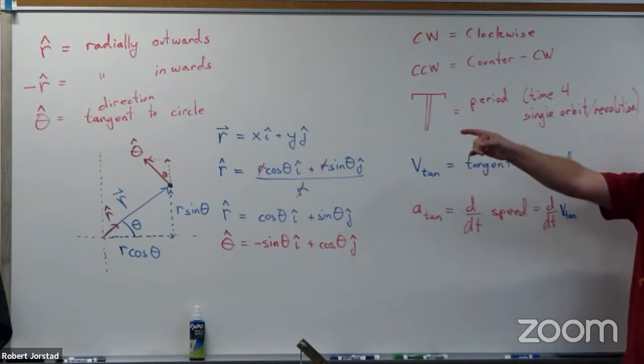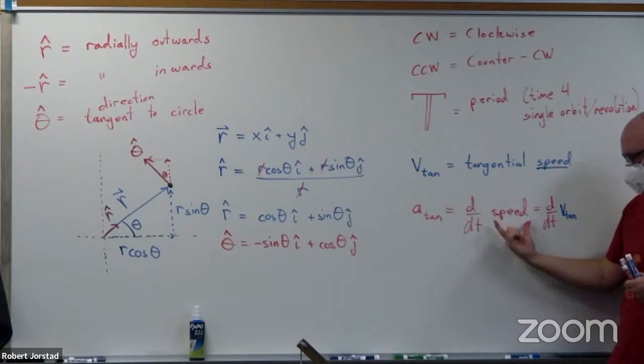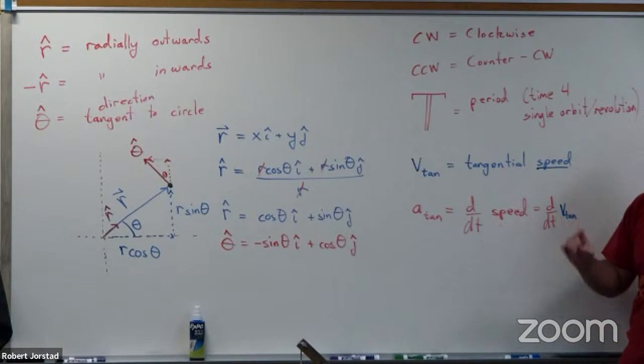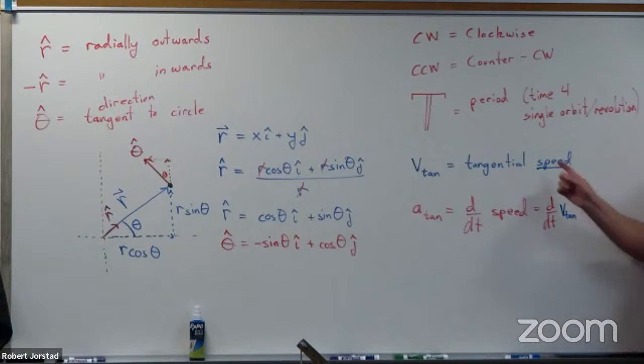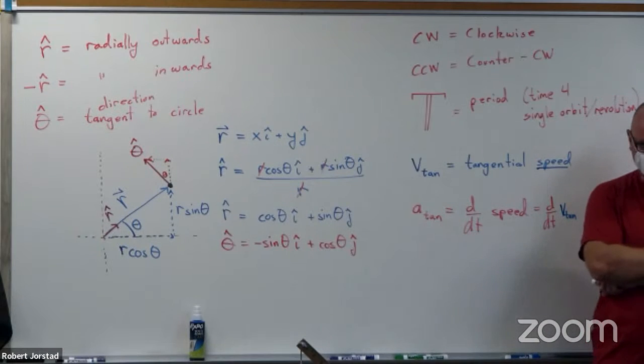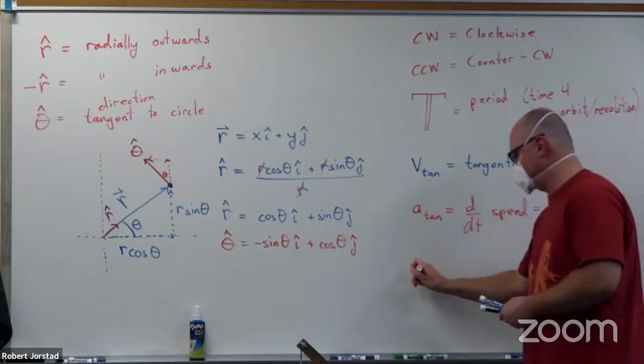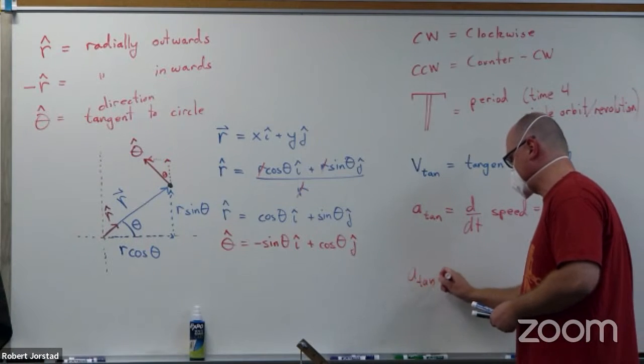Remember those pictures we drew on the board a minute ago over there, right? If we have no change in speed, the acceleration was all towards the center. If the speed is changing, then you have to worry about this a_tan. Got it?